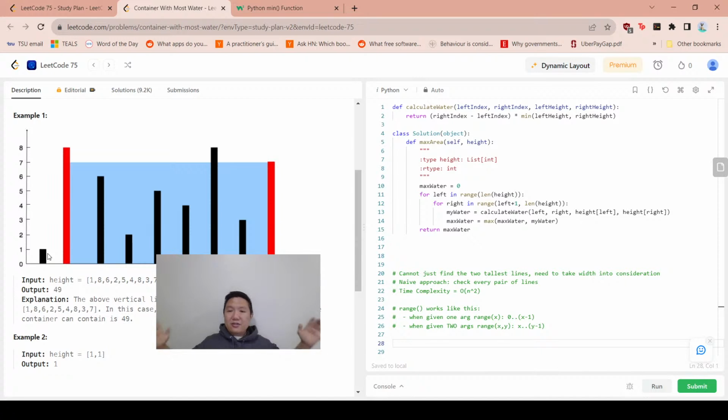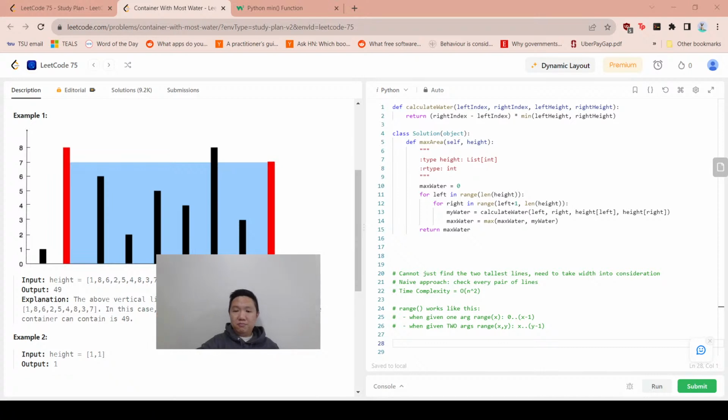So there are two components to the water area, right? There is the width and then there's the height. So let's say we begin with maximum width. Left equals 0, and right is the end of the array, so we have the widest possible configuration. My left is different from your left because I'm flipped.